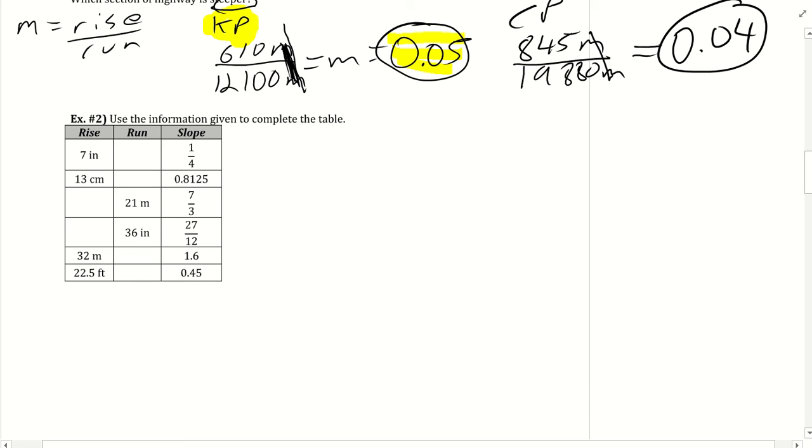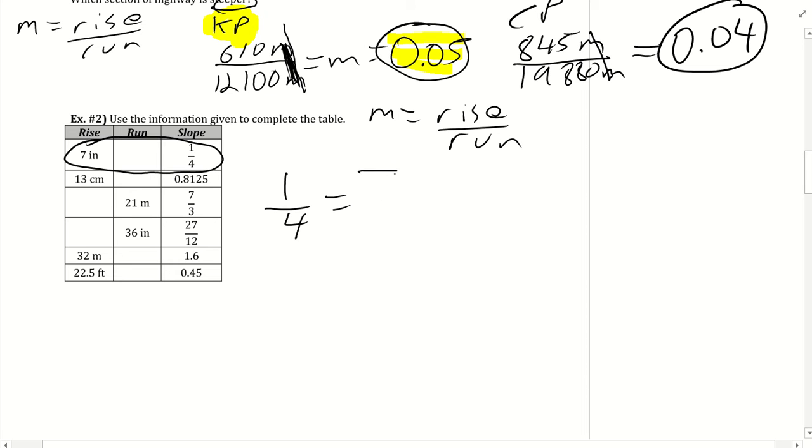So to fill in some of these missing values, this is why we looked at the first part. If you look at this first part on the chart, remember we're going to use m equals rise over run for all of these. So when I look here, I know my slope is 1/4. I know my rise is 7 inches, but I don't know my run.